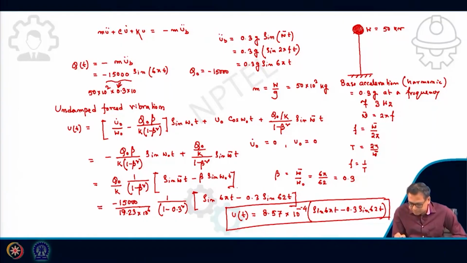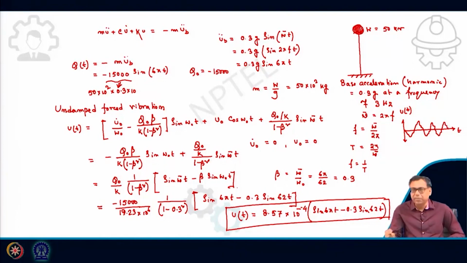Now from this expression you can plot the response, t versus u(t). This is t, this is u(t), and at different t you get the u(t) value. The only unknown is t, so if you put different t values, you will finally get this type of response, and so on.